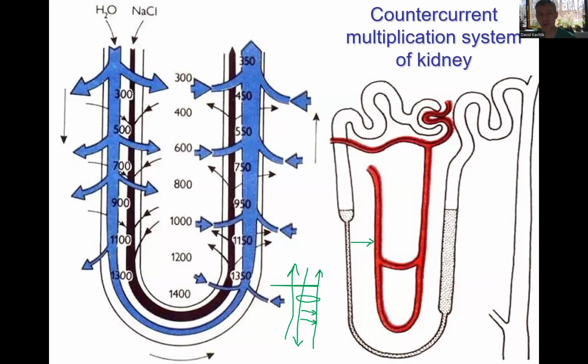And you can see how the concentration of the urine changes and how the concentration of the interstitium changes, and of course all the ions which go from the tubules get into the vessels.